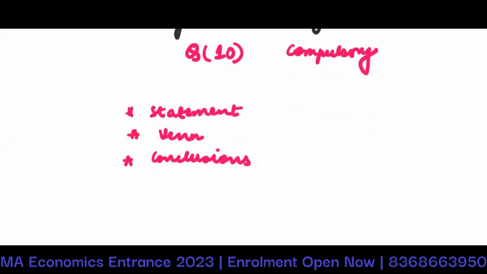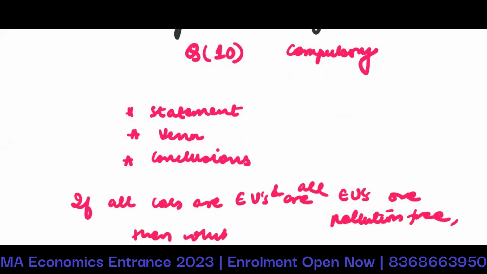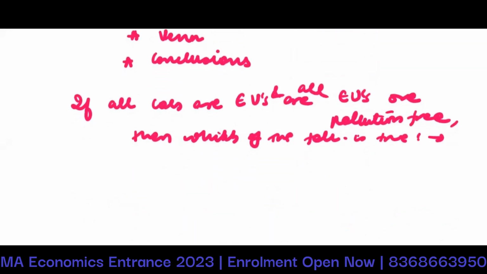Then you have questions like, if all cars are electric vehicles and all electric vehicles are pollution free, something like that, then which of the following is true? Right. So 10 such questions which would be coming for the part B.